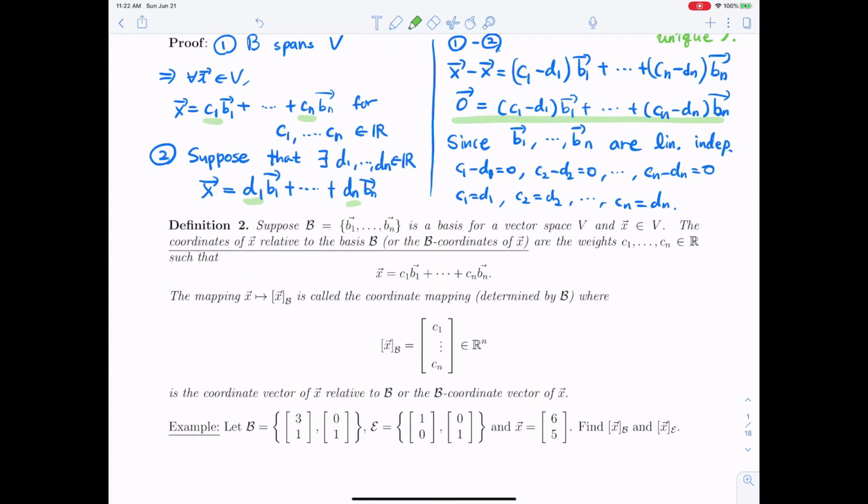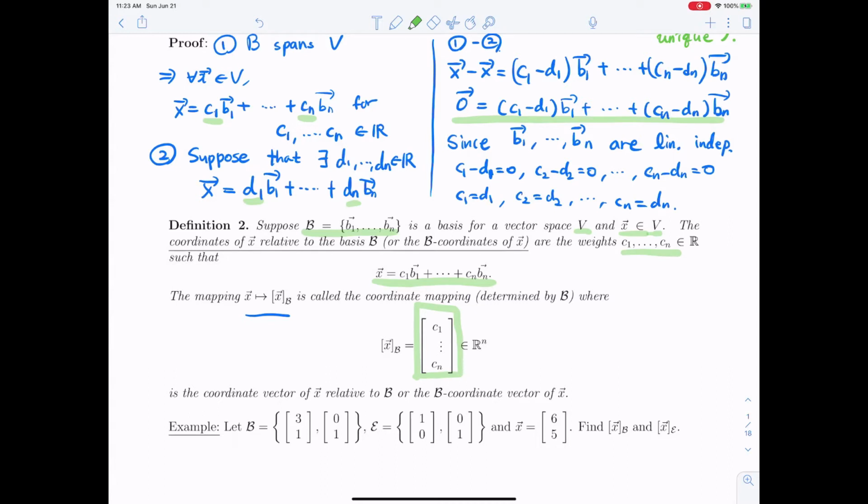Suppose that a set of vectors B is a basis for a vector space V, and x is an element of the vector space. Then the coordinates of x relative to the basis B, or simply the B coordinates of x, are the collection of weights C1 through Cn such that x can be written as a linear combination of vectors in B. In this case, sending x to its B coordinates is called the coordinate mapping, where the square bracket x sub B is given by the collection of the weights of that linear combination.